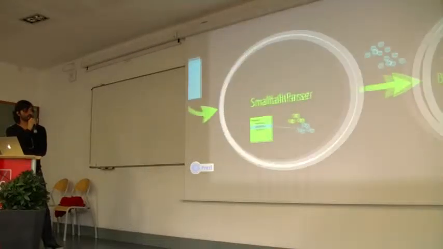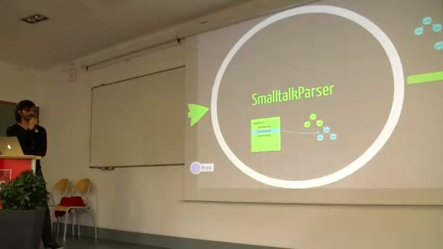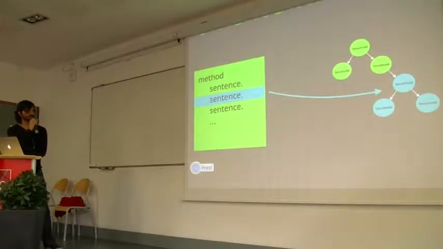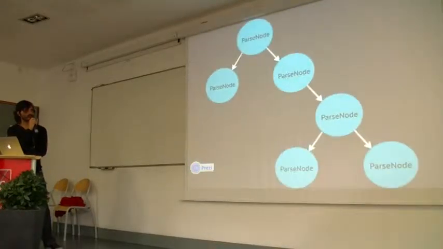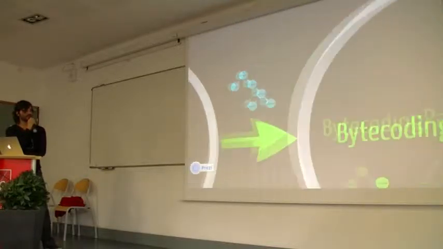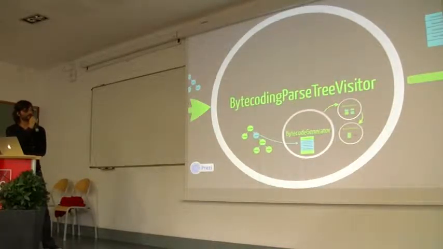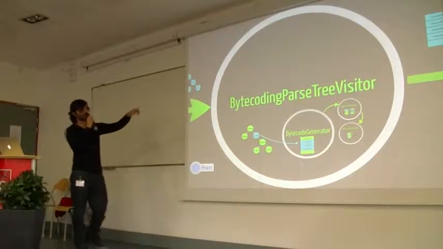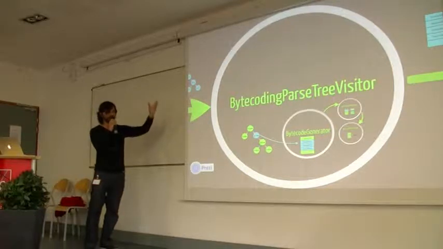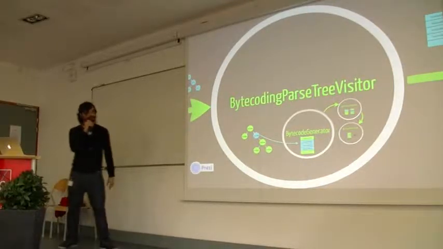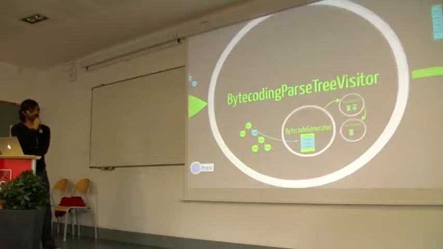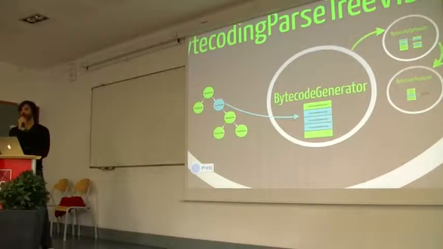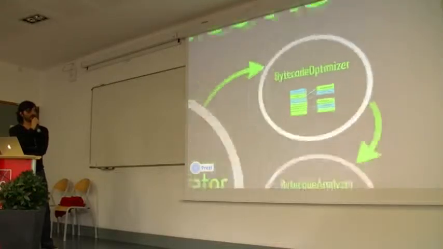This is parsed, that is, converted into a syntactic tree. Then once we have an AST, it is passed to the following stage. Here we have the bytecode generation. We implemented it as a visitor. This guy will generate bytecodes given an AST.